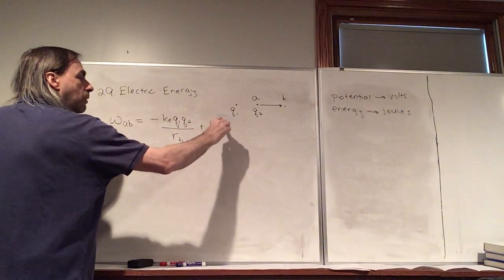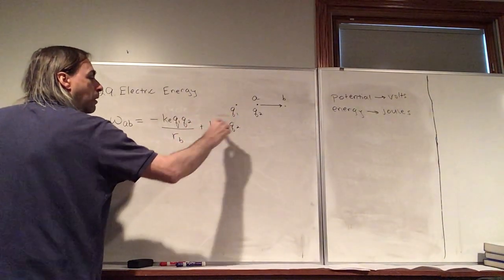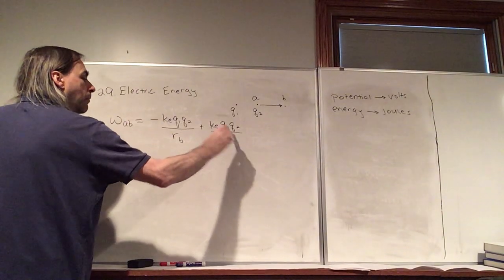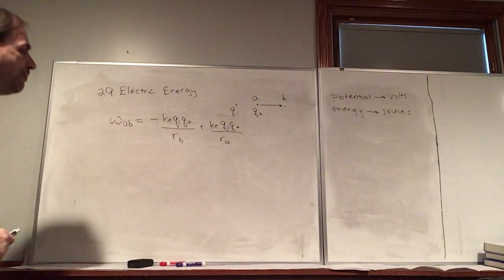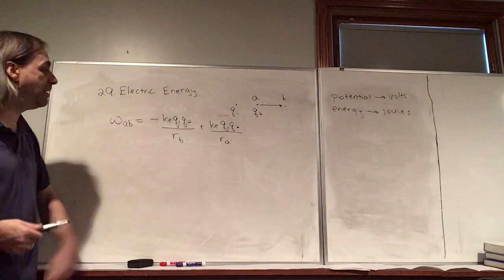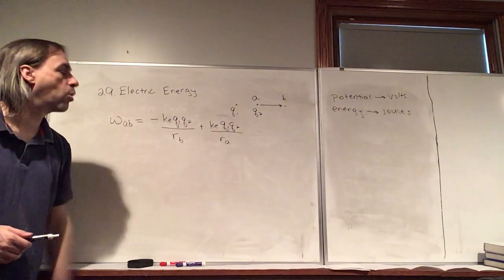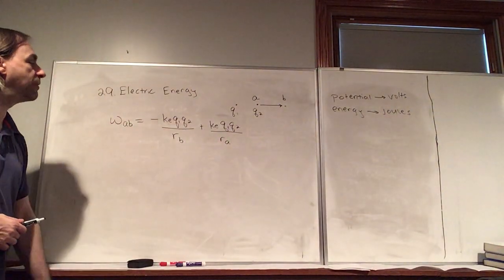Why do we start with a negative and then a positive term? Well, it's mainly because if we were calculating the work using calculus, this is how it would naturally fall out.